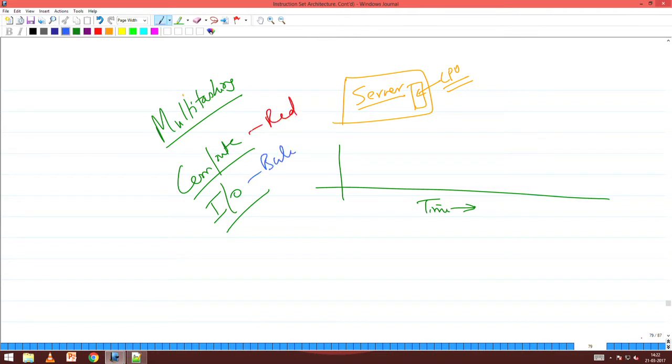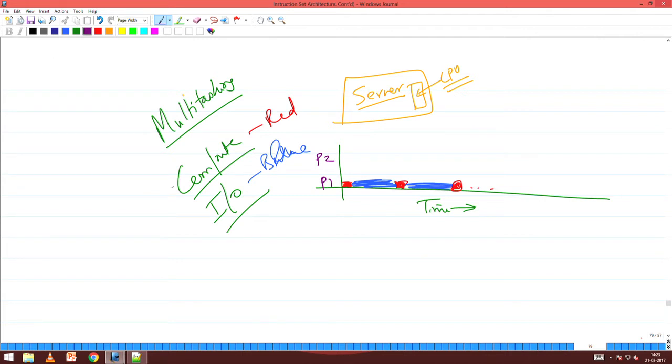So I will start with a bit of red, then a lot of blue, then again a bit of red, then again a lot of blue, then a bit of red, and so on. Let me say that this is some P1. Now we will do P2.